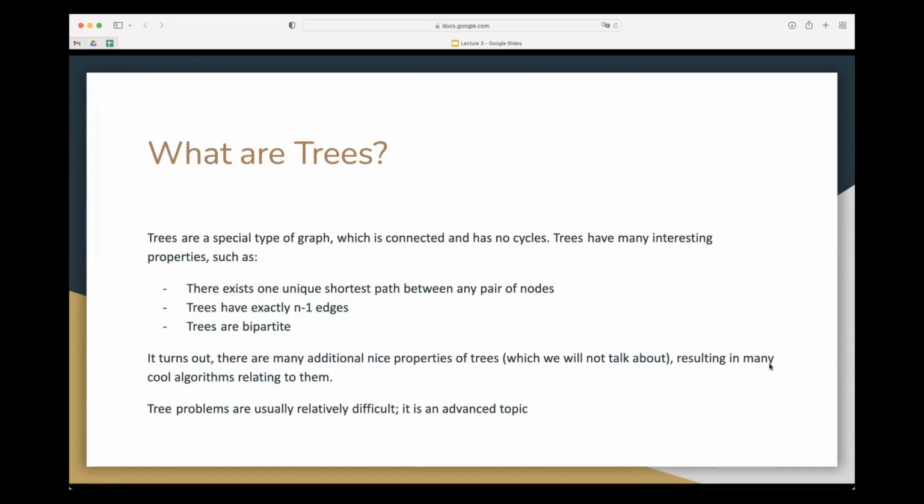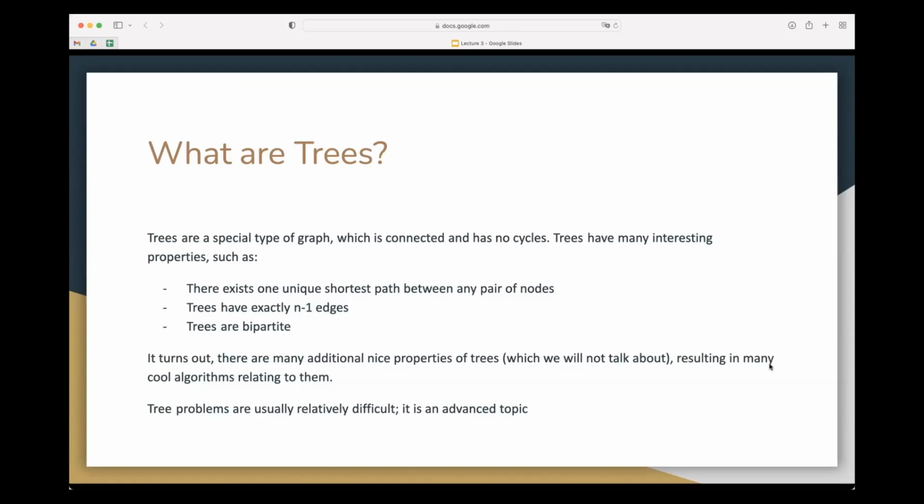At the end, you're going to have one connected component in total. So there are n minus one edges because you're getting rid of n minus one connected components. Additionally, trees are bipartite, which essentially means you can split them into two groups such that there aren't any edges within each group. And there are other very nice properties of trees, which we won't talk about, and many cool ways to utilize them.